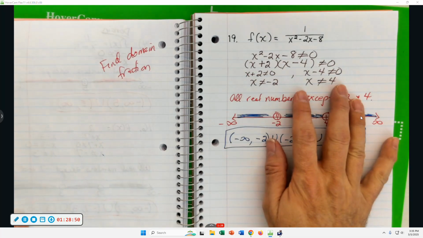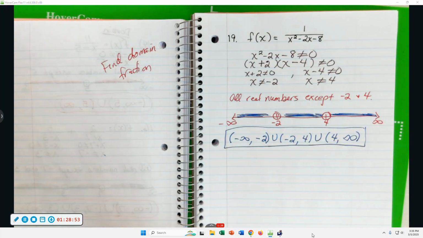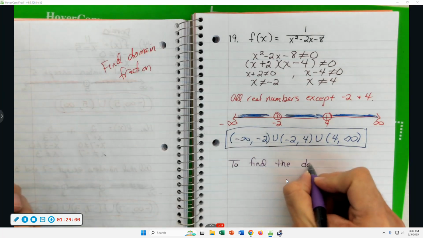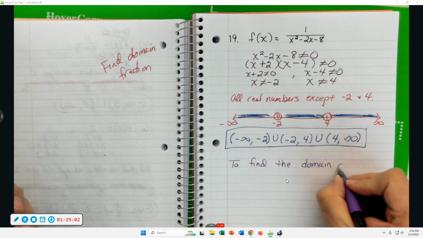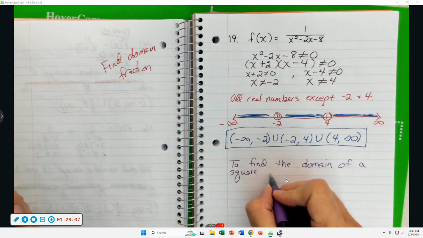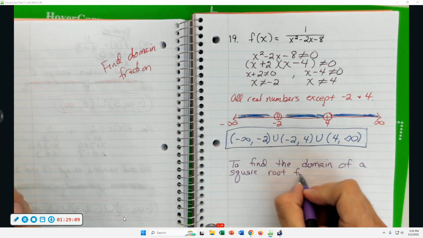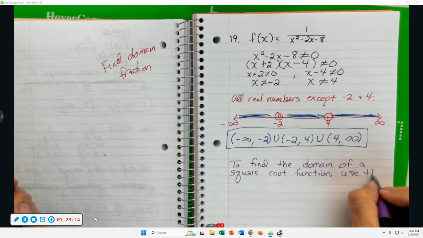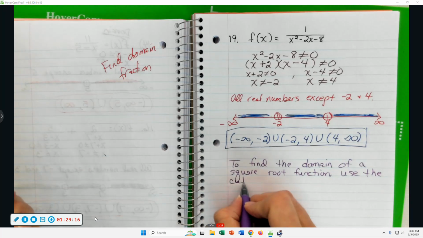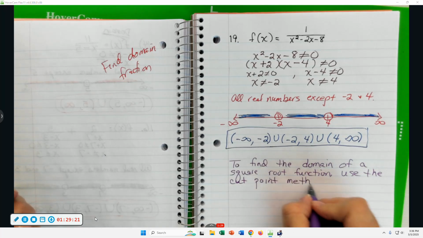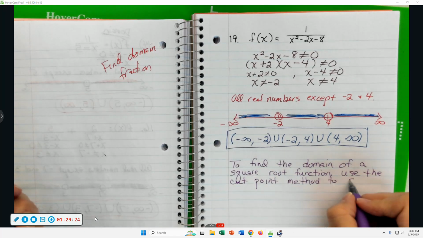How do we find the domain of a square root function? You're going to have to use the cut point method to solve.